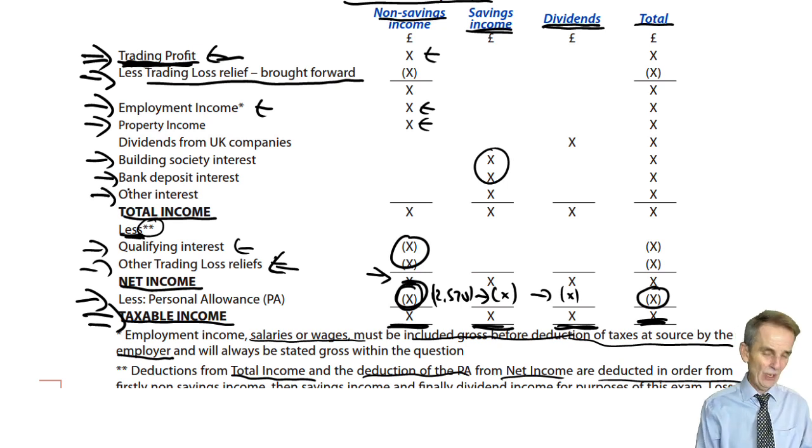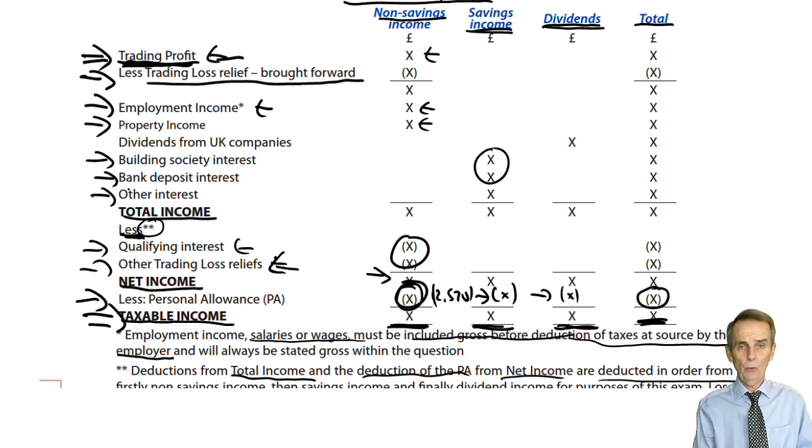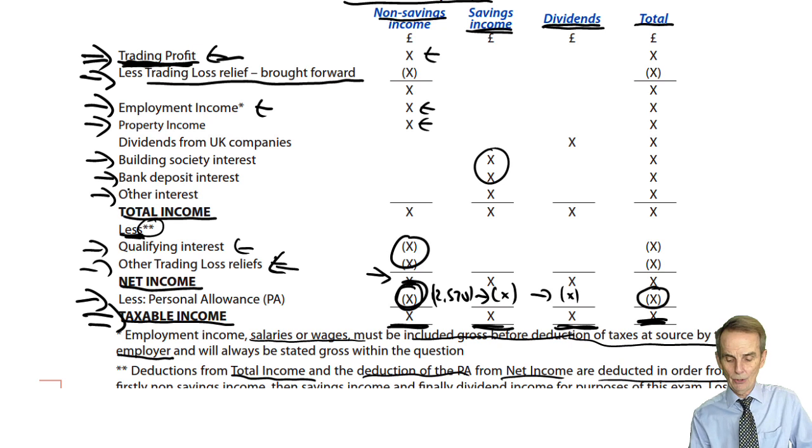We say other interest, and a bit later when we look at savings income there are rather more detailed notes, so don't bother to make a note of it now. But if you've got more substantial sums available, you might be able to invest in government securities that in their own right pay interest, and also in corporate loan stock, debentures.